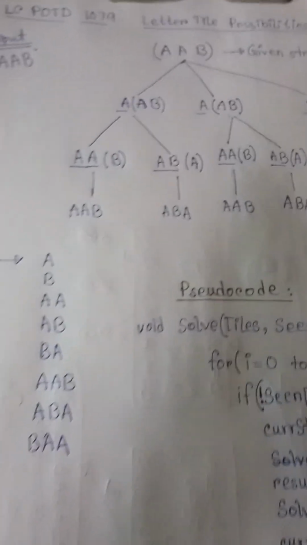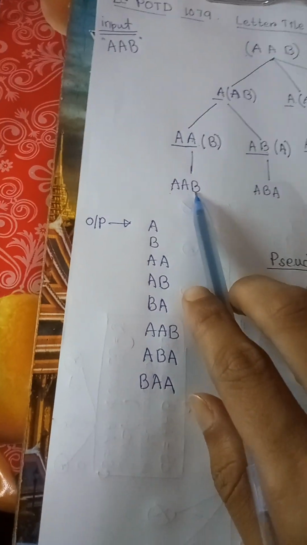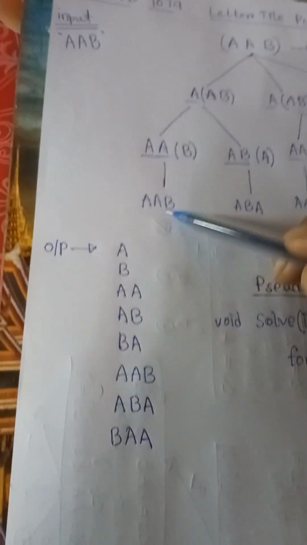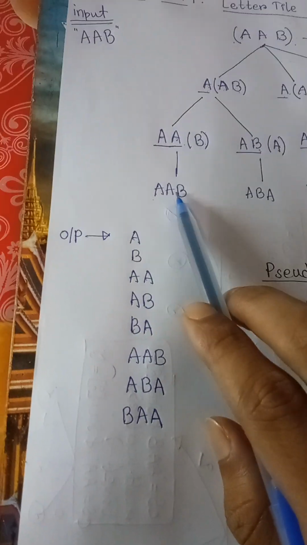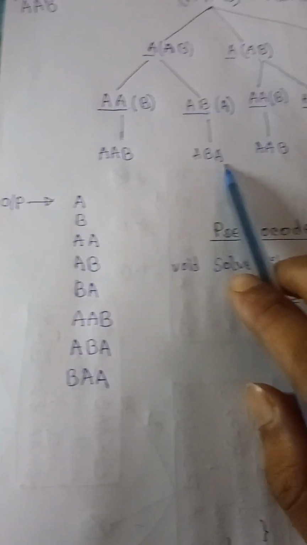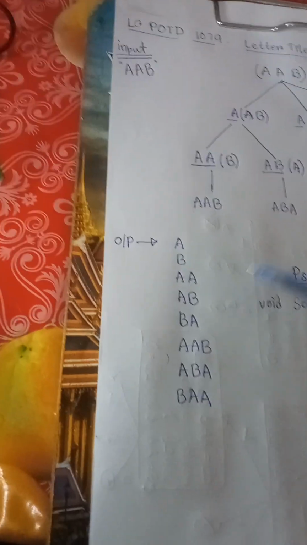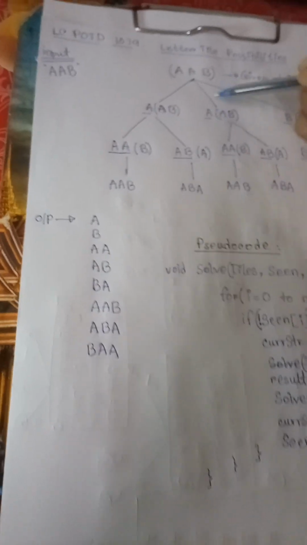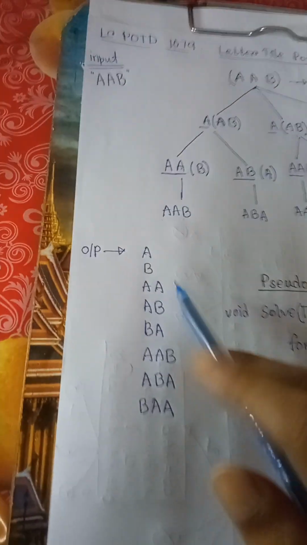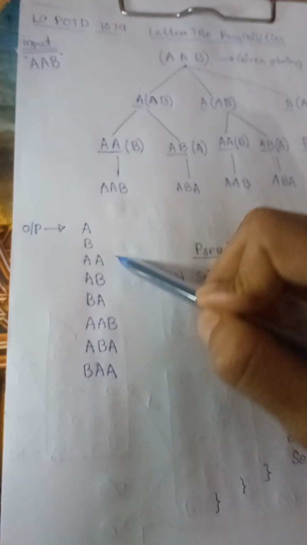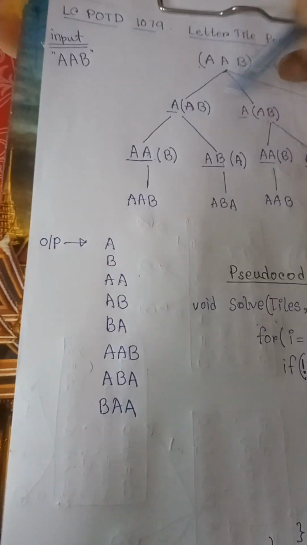So like this it carries on, and in the final level, because here you have only one choice, the current string becomes AAB, and here this is ABA, here AAB, and so on. So you can think that this is the output of this given string, and you can see the outputs are at each level.